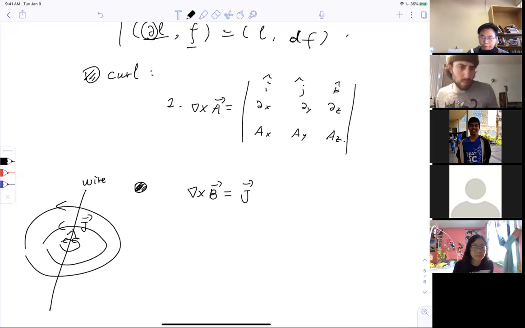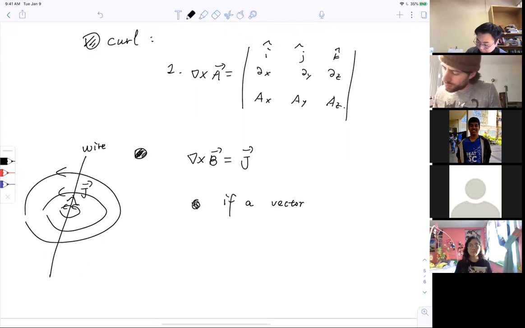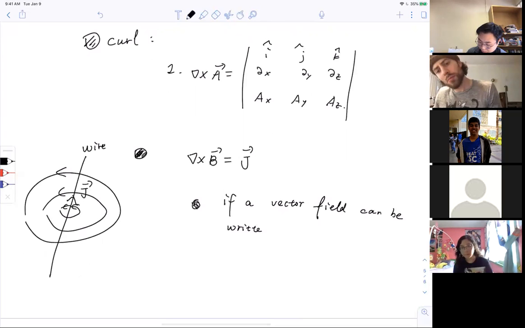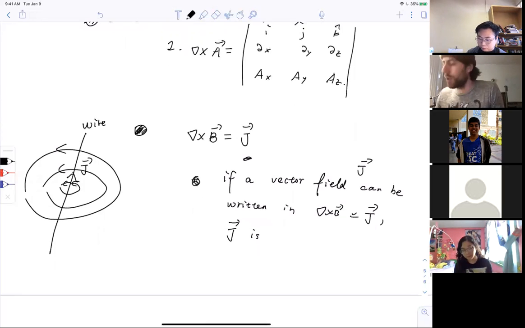The magnetic field is circulating, meaning that if a vector field J can be written in this form, then this vector J is actually the circulation density, or the source, of this circulation of the magnetic field B.